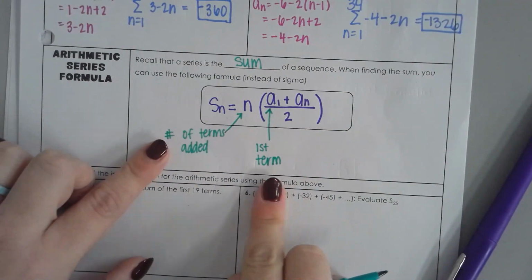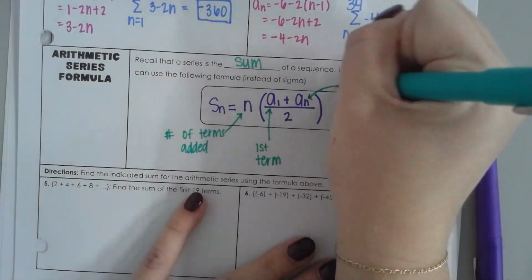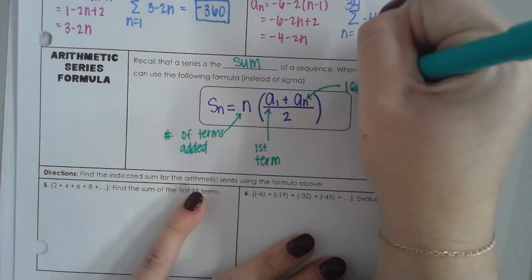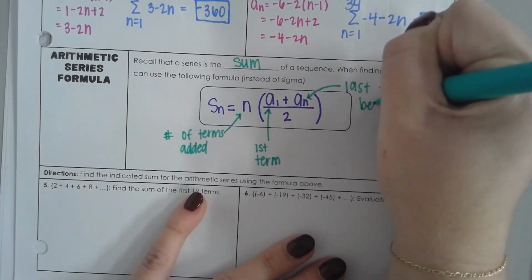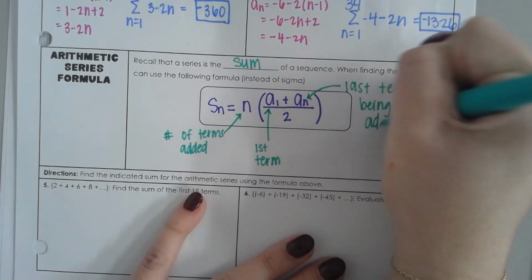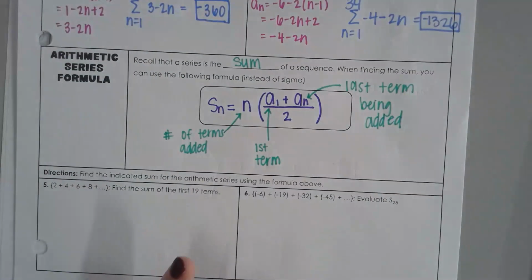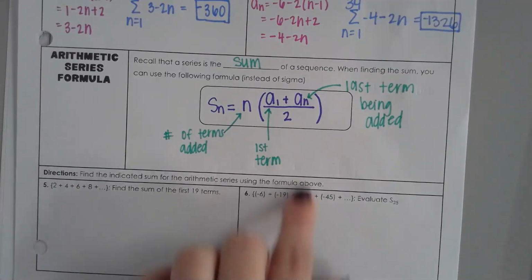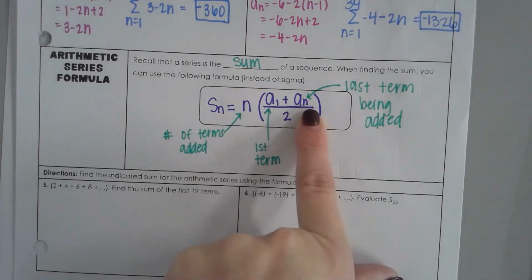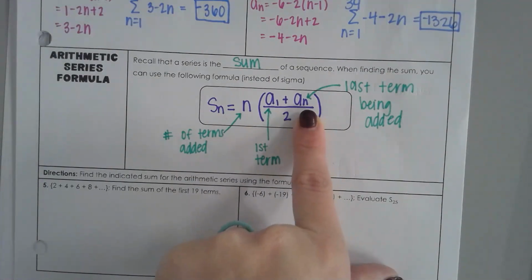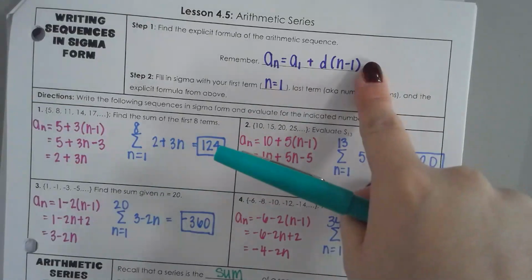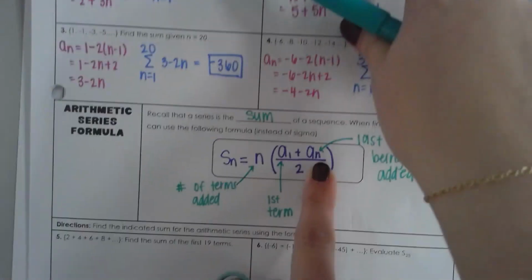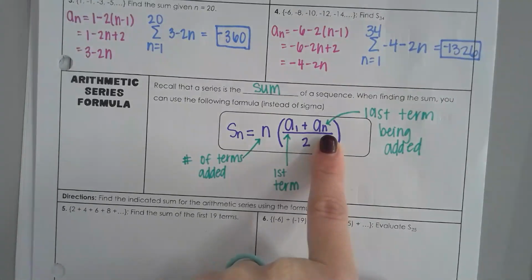You get those right away. an, this is the last term being added. So if your question is find the sum of the first 30 terms, you actually have to know what the 30th number is, which goes back to this formula up here. So this formula is still in play. We don't lose it. You use it with sigma, you use it with this one.